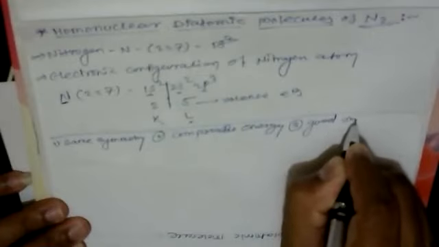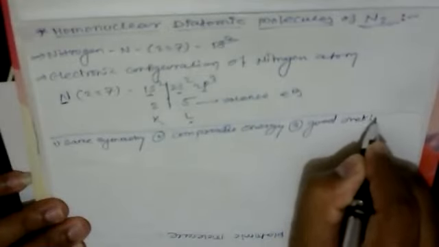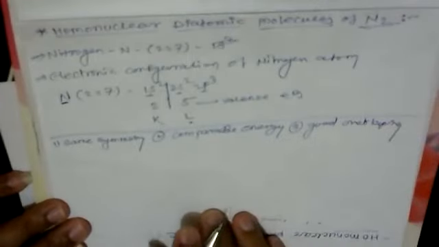And third is good overlapping. Then two atoms form two molecular orbitals, one bonding and another anti-bonding. Four atomic orbitals form four molecular orbitals: two bonding and two anti-bonding molecular orbitals.